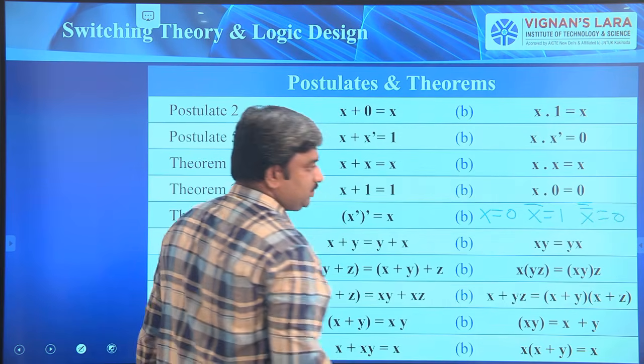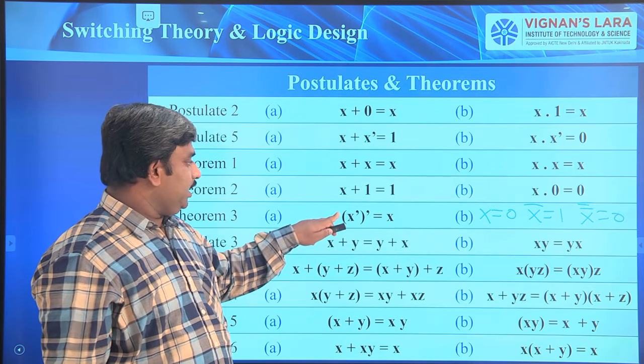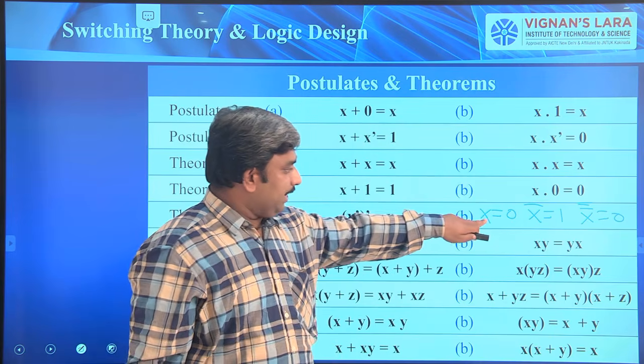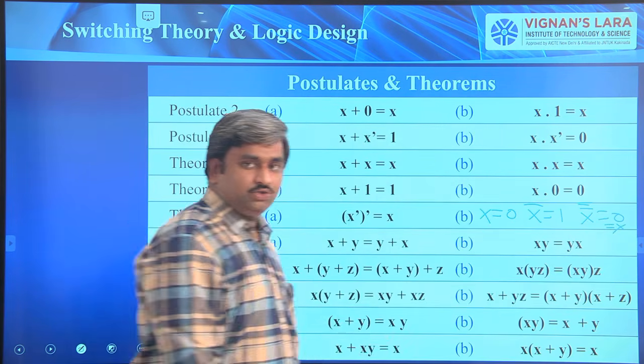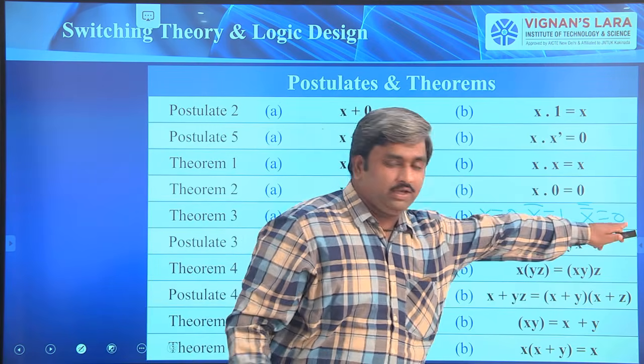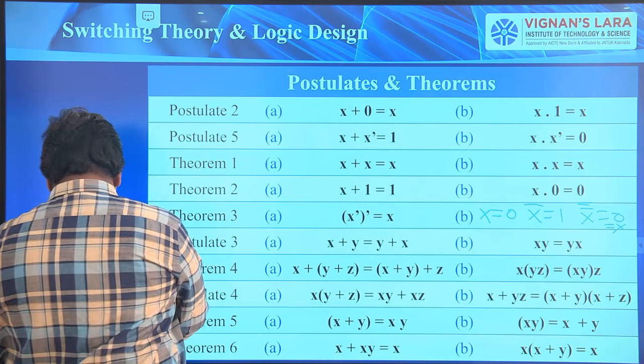So x double bar is equal to 0. That is what we are representing here: x double bar is equal to x. The x value is 0, so here x double bar is equal to x. The 0 we got is the same 0 here. So for that reason x double bar is equal to x. So that is also one universal fact.